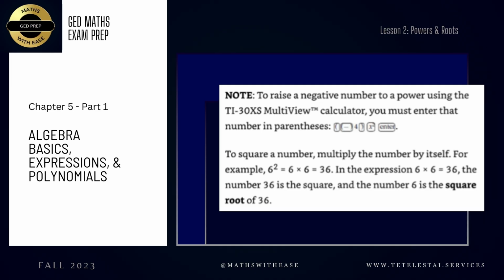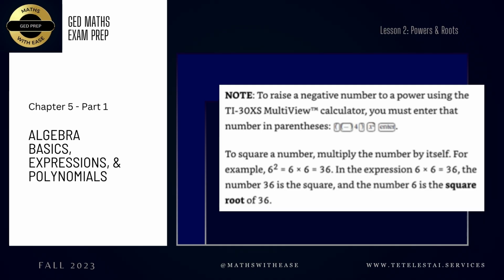To square a number, multiply the number by itself. For example, 6 squared is 6 times 6, which we already covered. 6 times 6 is 36. The number 36 is the square, and the number 6 is the square root. That goes back to the earlier note telling you to ask yourself, what did I have to multiply this number by to get 36?